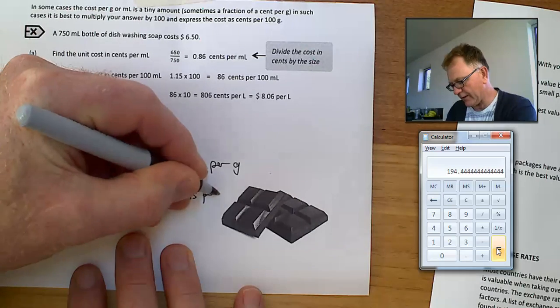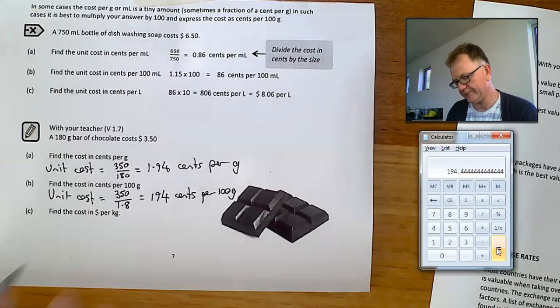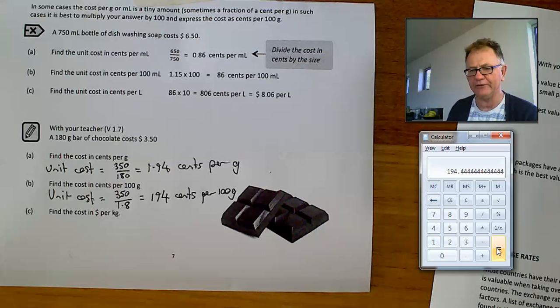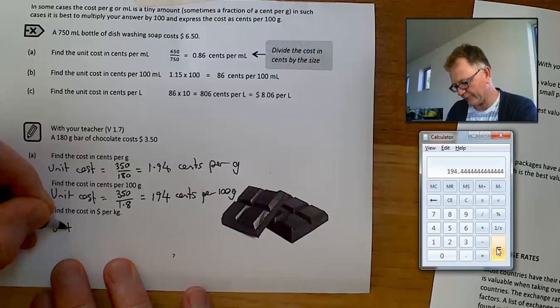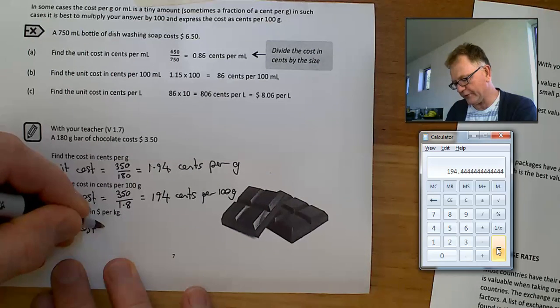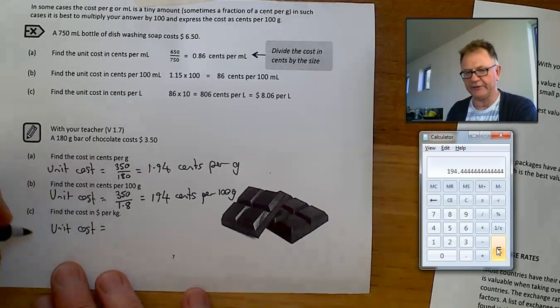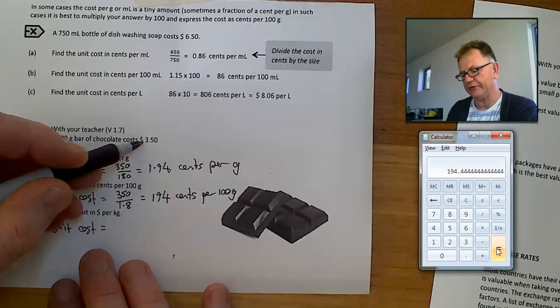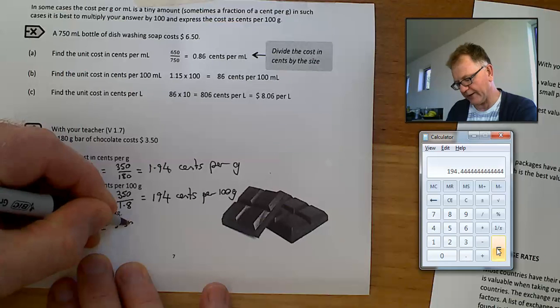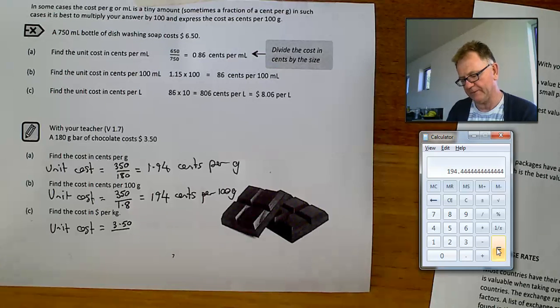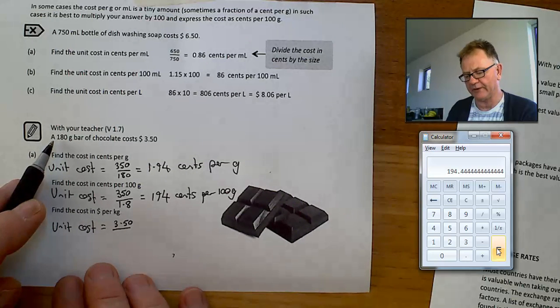per 100 grams. If you want to find the cost in dollars per kilogram, we want to divide the number of dollars it cost by the number of kilograms we got. Now the cost in dollars was $3.50, so we'll write it like that. And the number of kilograms that we got, 180 grams, it's not even 1 kilogram, is it?